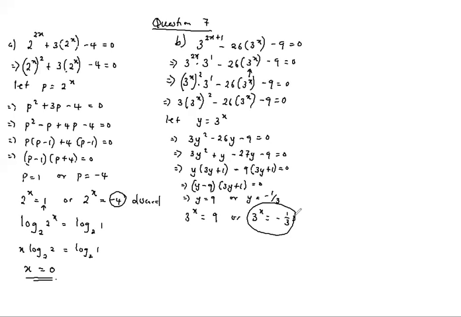So we discard. And then here, we can raise this to base 3 to the power 2 for us to get a 9. So x is going to be 2. Okay? And just there, it will make sense.